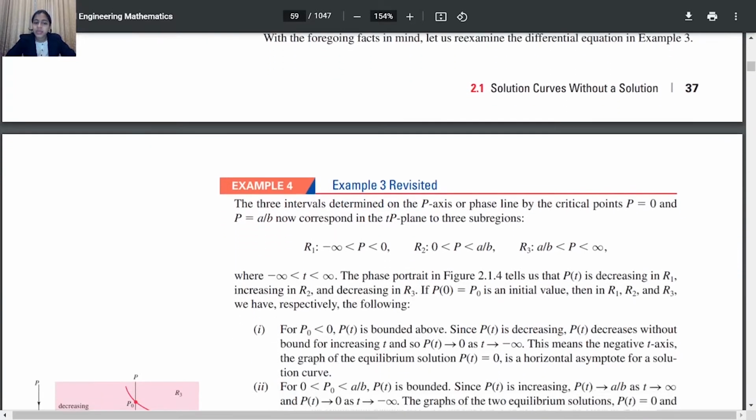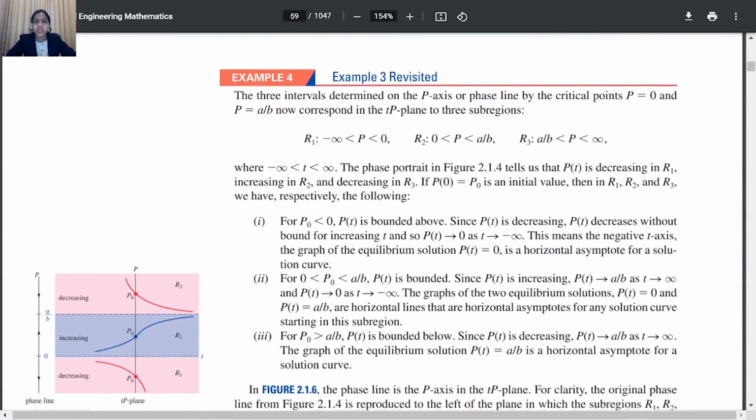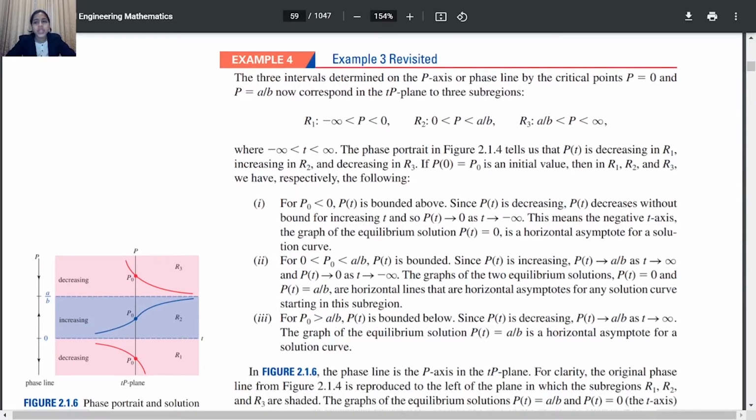This was the example which we had done earlier, in which we had got that p is equal to 0 and p is equal to a by b are the corresponding critical points. So here we have two critical points. This is similar to the concept that we have just now stated. You can see figure 2.1.6, the phase portrait and the solution. This is a phase line.